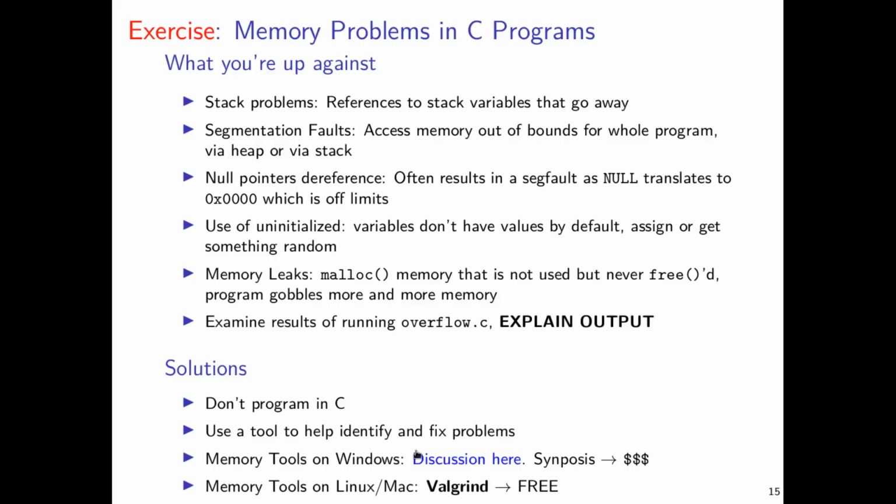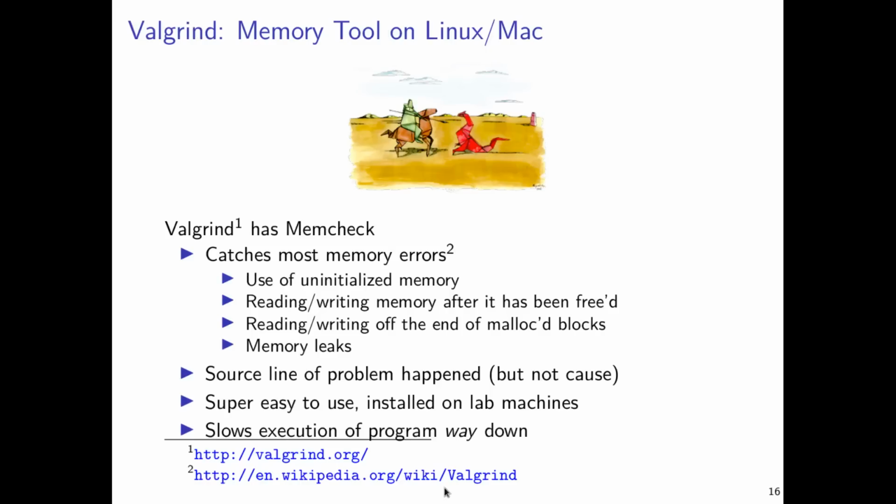You'll want to acquaint yourself with tools like Valgrind, which are free on Linux and Mac. It's an excellent memory checker, and for the programs that are compiled in C, you can ask Valgrind to do a memory analysis of that. Go through the exercise that's associated with this if you're unfamiliar with Valgrind as a way to check memory.